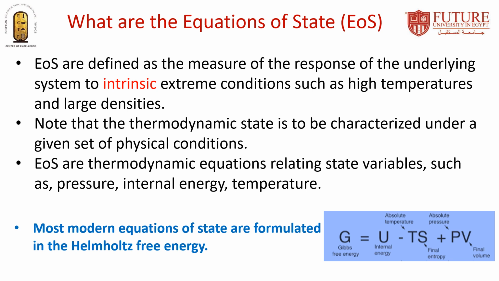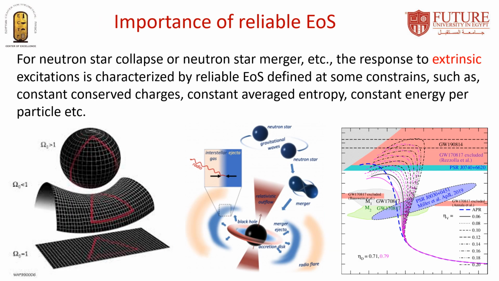The thermodynamic state is characterized, and this should be noted, under some given physical condition, for example, constant density, constant entropy, and so on. The thermodynamic equation of state relates some thermodynamic variables, for example, pressure, energy density, and so on. People usually use the Helmholtz free energy to measure the state.